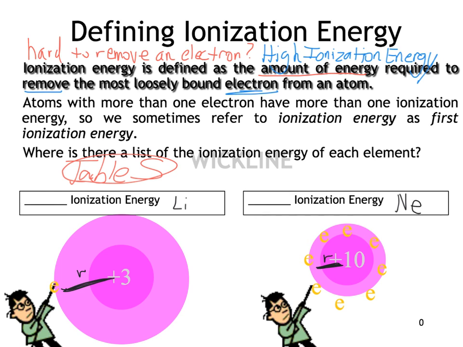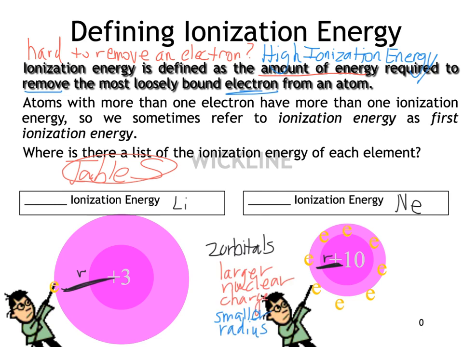This has to do with the number of orbitals that each of these atoms has. Each of them has 2 orbitals. But since these elements have the same number of orbitals, but very different nuclear charges, +3 and +10, then the one who has a larger nuclear charge and the same number of orbitals will have a smaller radius. So the radius and the nuclear charge are both going to matter here.